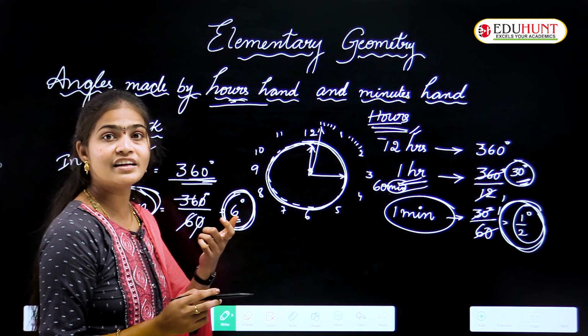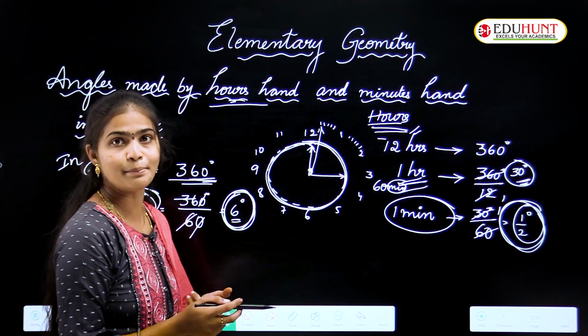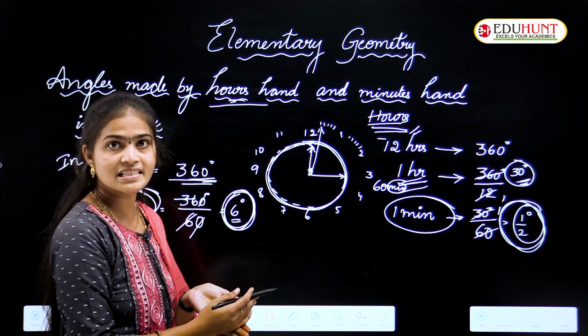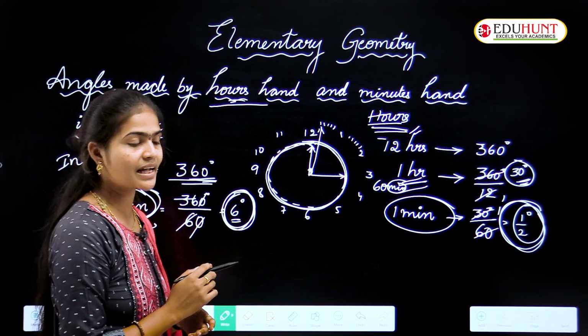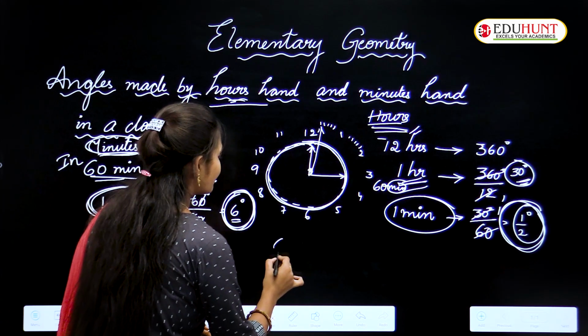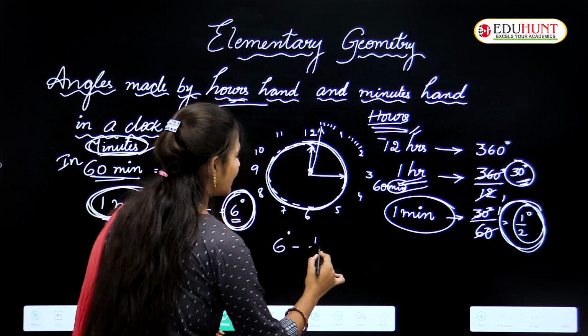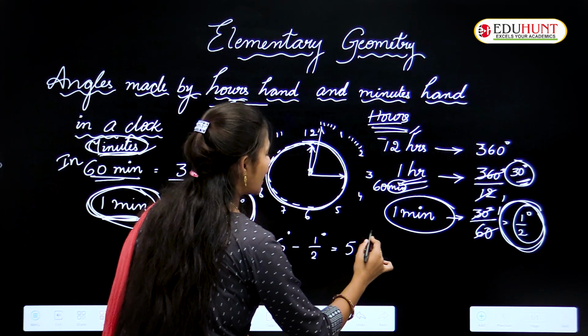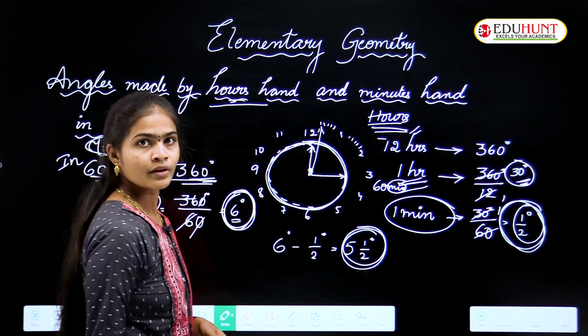The difference is 6 degrees minus a half degree, which is nothing but 5.5 degrees.